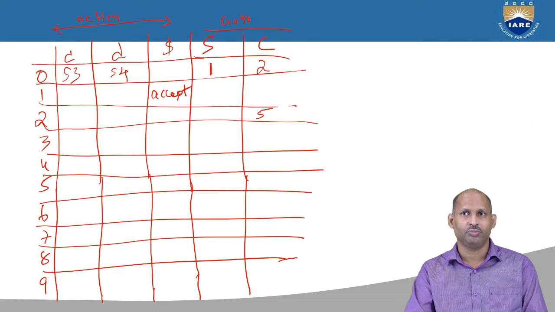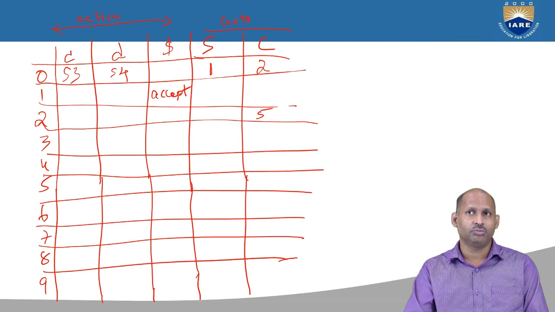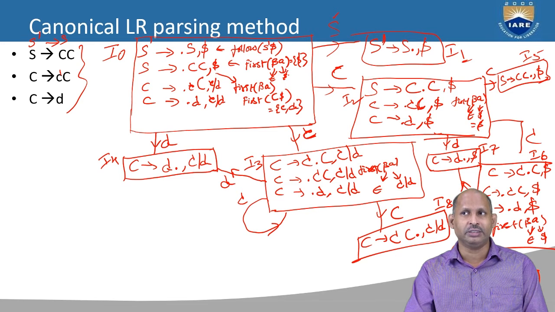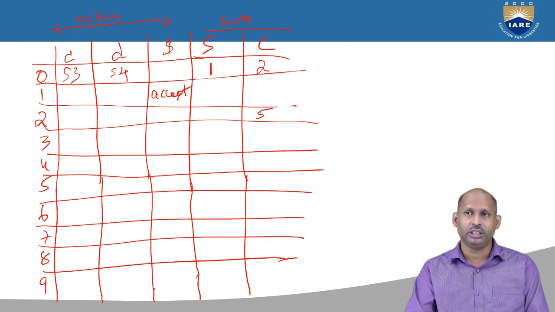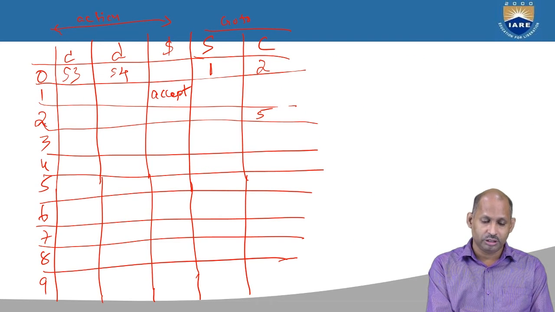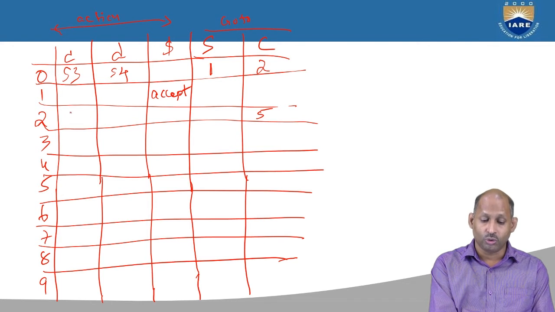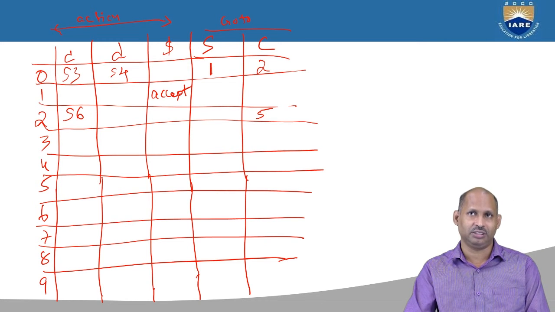Another go-to operation, on terminal C, where is it going to? It is going to I6. So second state on terminal C going to S6, shift 6. Since it is a terminal, we have to specify shift 6, S6.